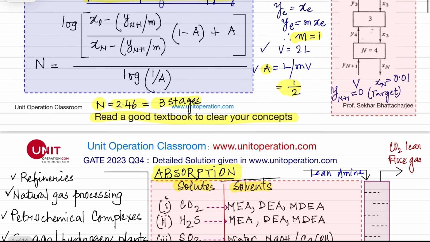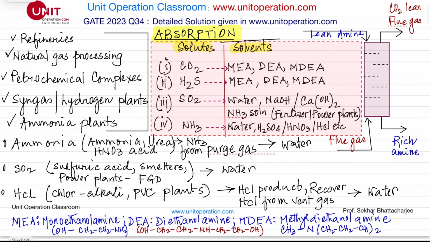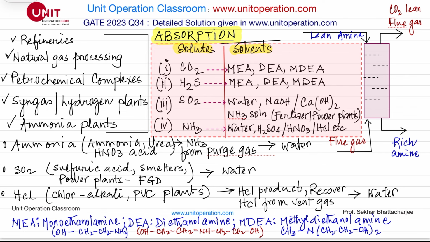So let's go to some absorption and stripping operations. These are, of course, extremely important and very widely practiced unit operations in the chemical process industries, in refineries, natural gas processing, petrochemical complexes, and the syngas and hydrogen plants, ammonia plants, where ammonia, of course, let's say in the urea nitric acid, and the ammonia from the purge gas is stripped with water.